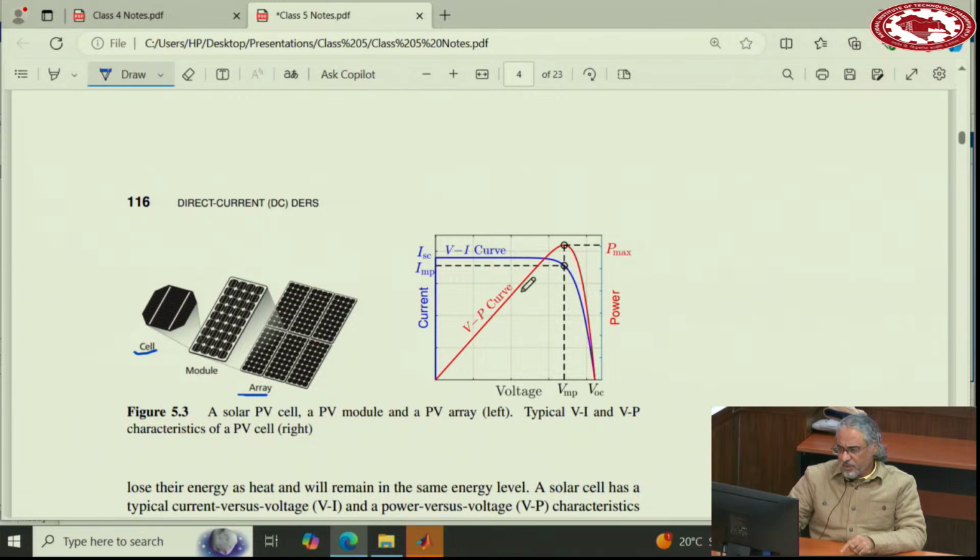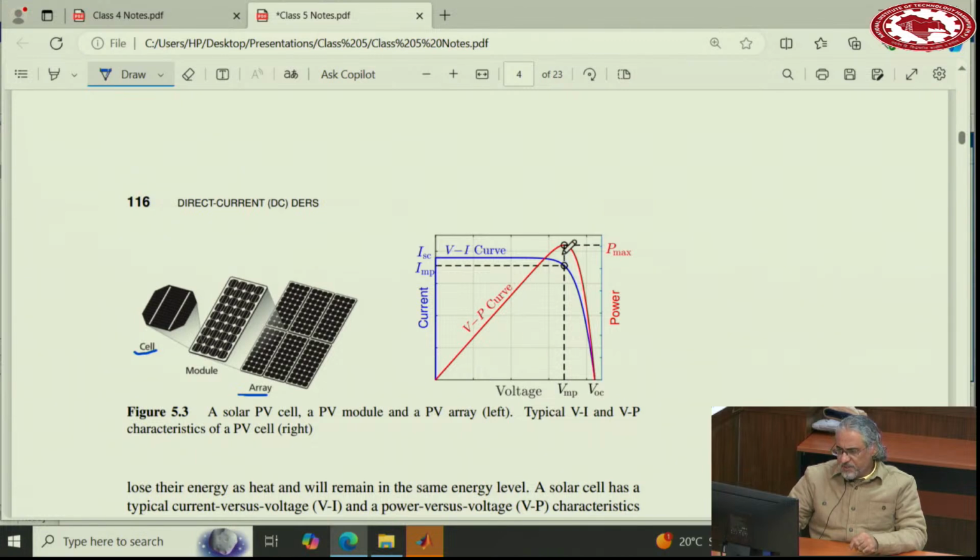And if you multiply this one into the current, you will get this characteristic here, this red one, which is the power. So it starts at 0, goes all the way to a peak value, and then goes back to 0. Because here voltage is 0, here current is 0.